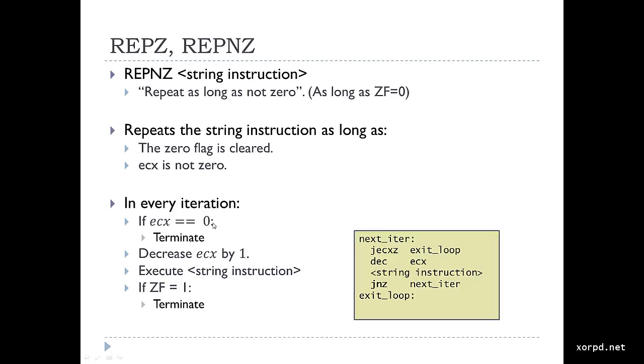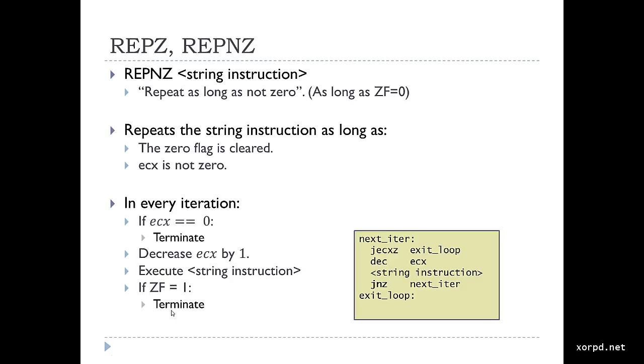If ECX is 0, we terminate. Next, if ECX is not 0, we decrease ECX by 1. Then we execute the string instruction, which is this one here. And finally we check if the 0 flag equals 1, we terminate, which means that we exit this instruction.